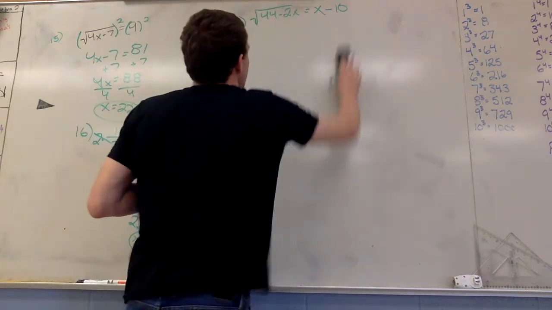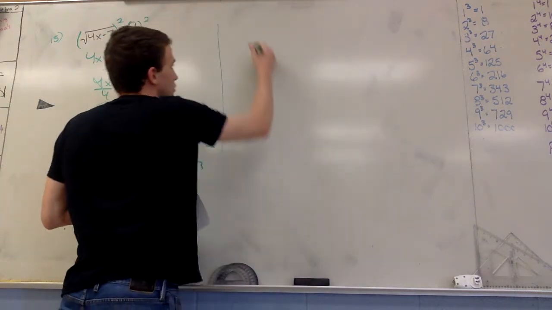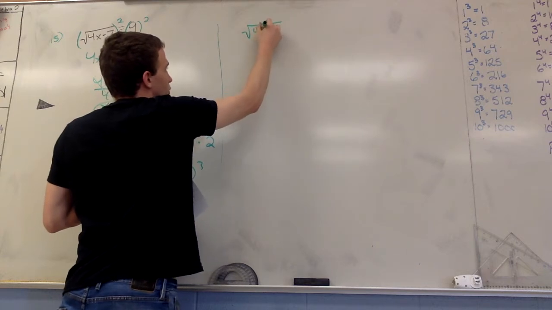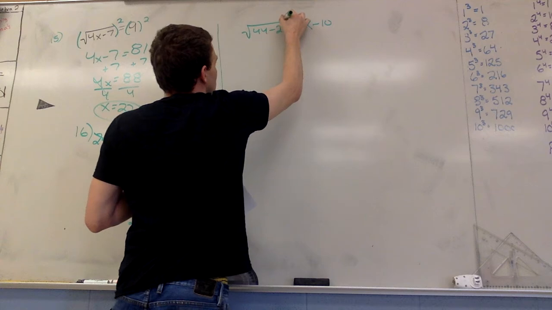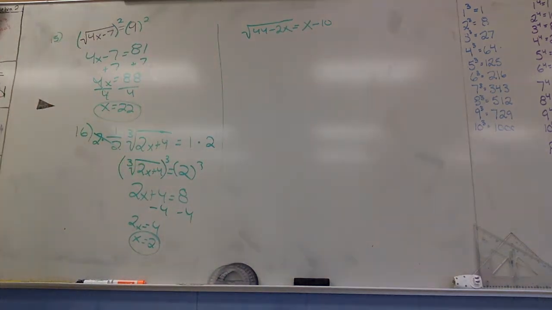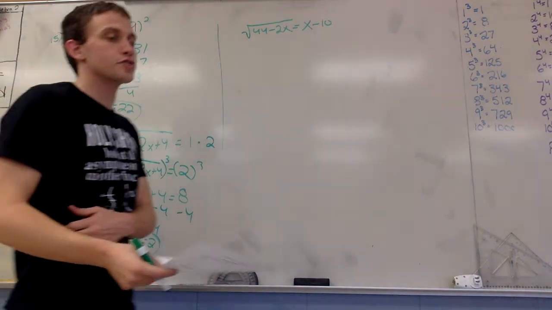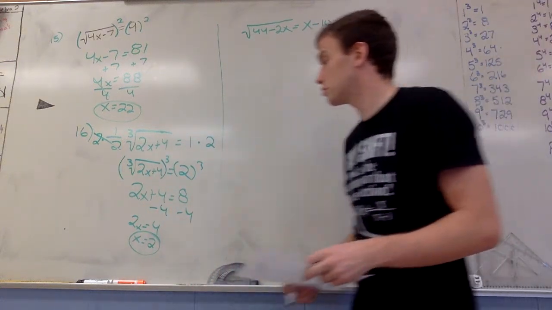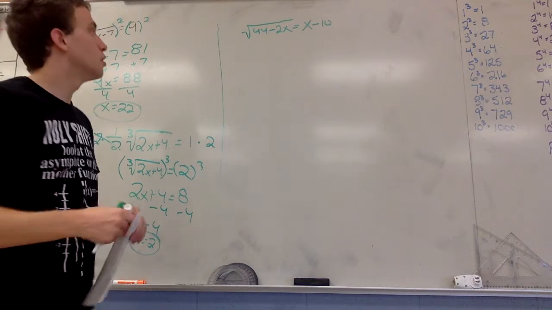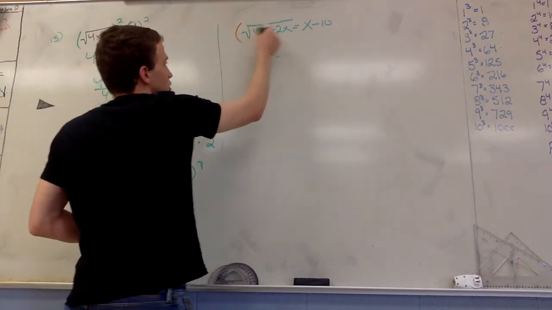Let me write it lower. The square root of 44 minus 2x is equal to x minus 10. Alright. Now, in this case, is the root isolated, yes or no? Yes, it is. So what can I do to both sides? Raise it to the power of 2 because we are dealing with square roots.